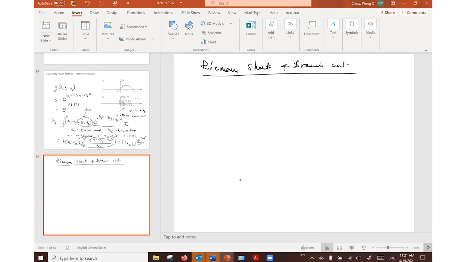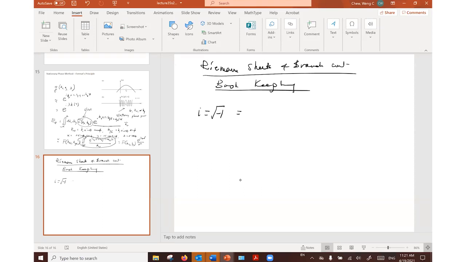The reason why you need to understand Riemann sheets and branch cuts is because I can give you a very simple example. These are very important for good bookkeeping. I can give you an example, and you will probably have to scratch your head as to what's wrong with this proof.